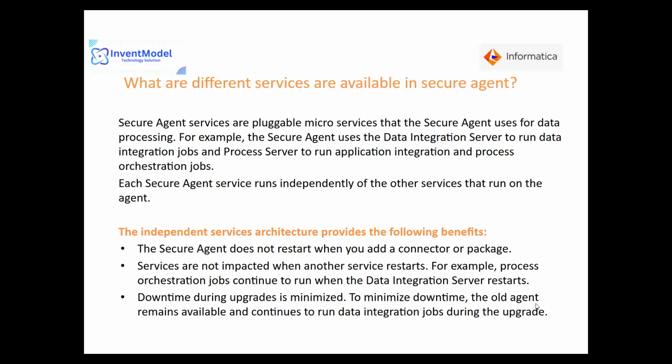To minimize the downtime, the old agent remains available and continues to run the data integration jobs during the upgrade. So whenever the upgrade is happening, the old code is still running while the new code is being upgraded in the background. So it will never disrupt the services during the upgrade.